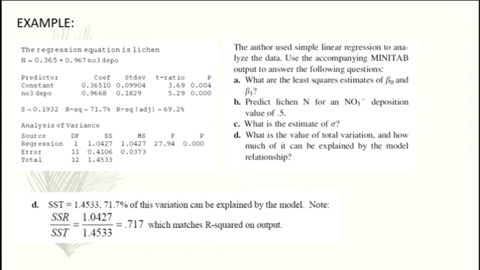In this case, they calculated r squared, and you need to be able to interpret it as well. If you calculate SSR over SST, they give you the regression sum of squares, which is 1.0427, divided by SS total, you'll get 0.717. So in other words, you can say 71.7% of the variation is explained by the model.